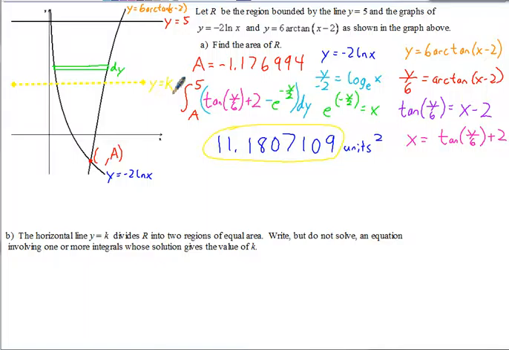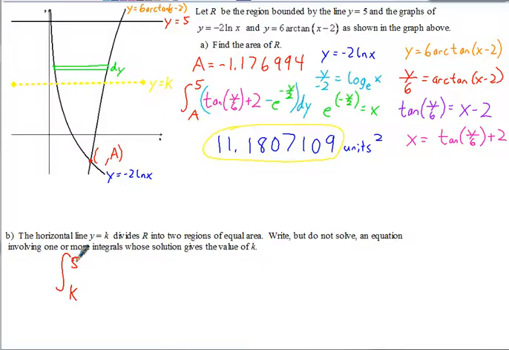And so we know this area right here is the same as this area right up here. You can set this up two ways: you can either go from A to K or from K to 5. It doesn't really matter. I'm just going to go from K to 5, but either way, they're the same.